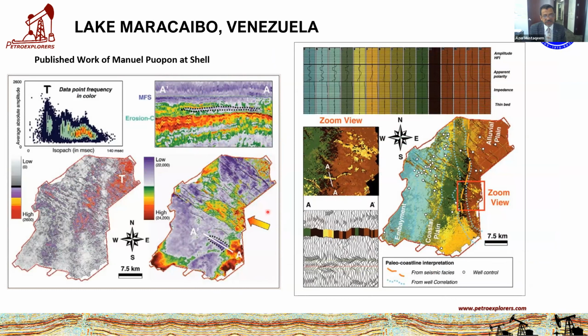This is a big 3D showing the alluvial plains separating from the coastal plains, and various sand deltas coming in and then going into the embayment. Henry Posamentier talks a lot about that as well.